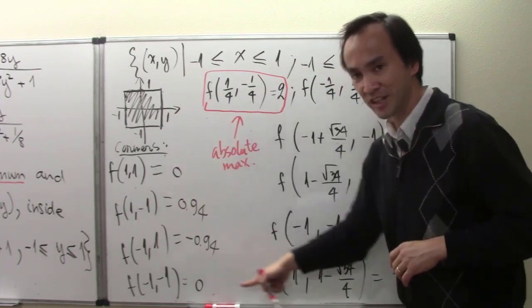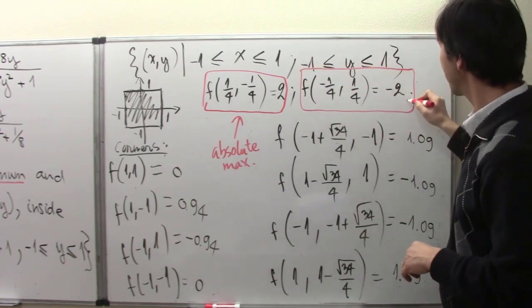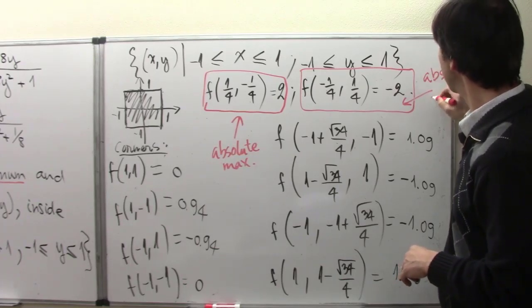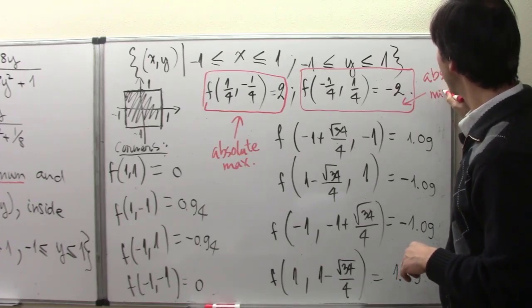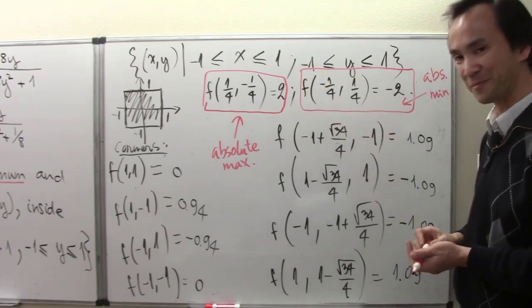Throughout all points, compare again. This one here looks like the lowest value, so we call this the absolute minimum. So in this domain, we reach the absolute minimum at this particular point.